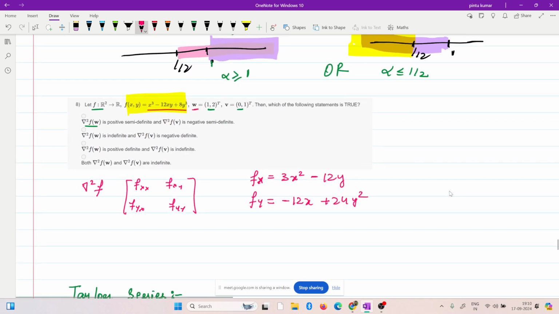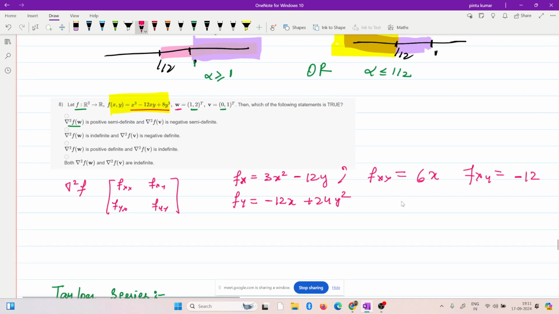Now we can have all these four components. fxx is given by 6x. fxy is given by minus 12. fyy is given by 48y.